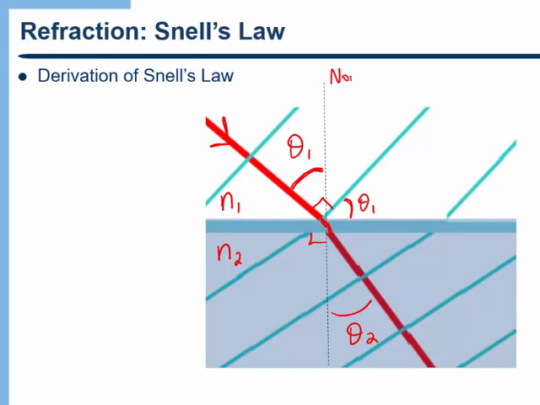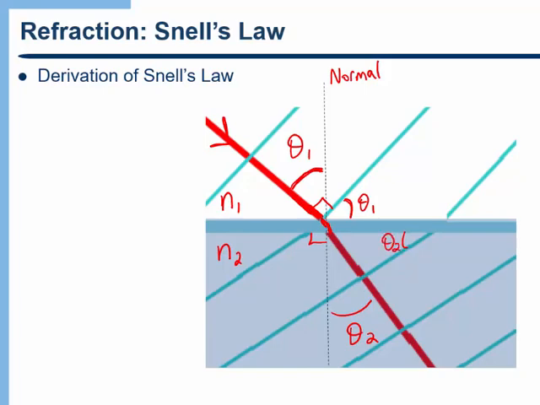Remember, this is the normal here. And so therefore, the relationship between this wavefront and the surface is the same as the angle between the ray and the normal. In the same way, this angle right here has to be equal to theta 2.